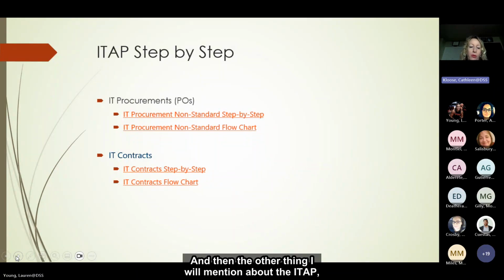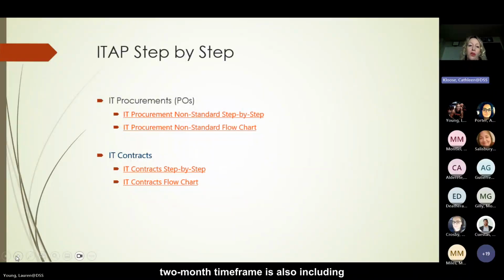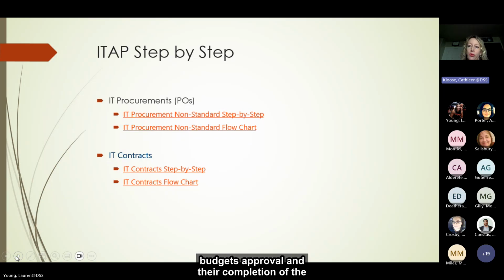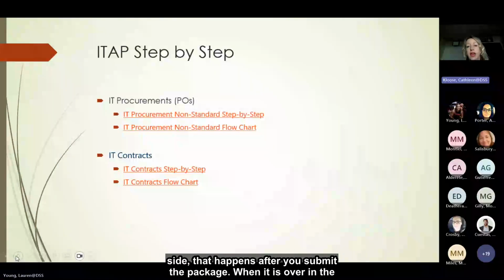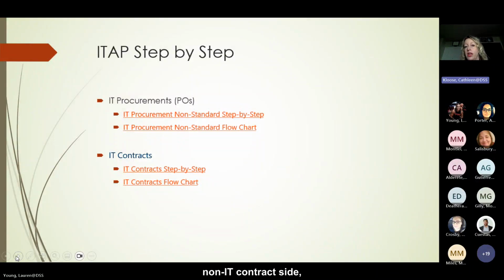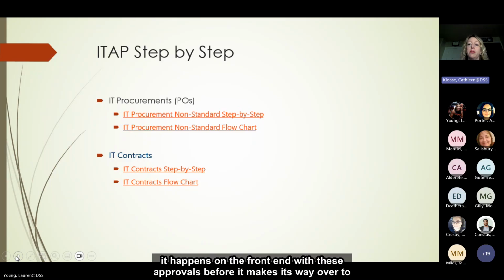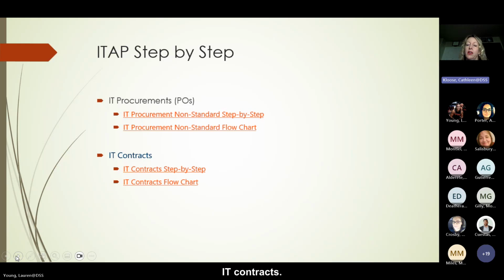The other thing I will mention about the ITAP, which is a little bit different for IT contracts, is that part of that 2-month time frame also includes budget approval and their completion of the budget review sheet, or you may hear the acronym BRS. With the non-IT side, that happens after you submit the package, when it's over on the non-IT contract side. It happens on the front end with these approvals before it makes its way over to IT contracts.